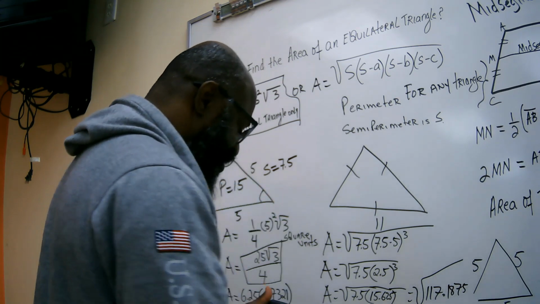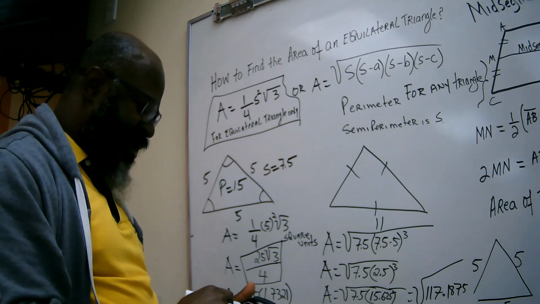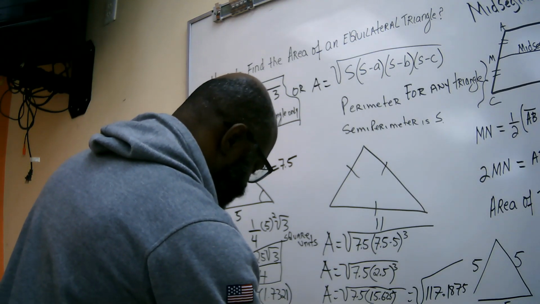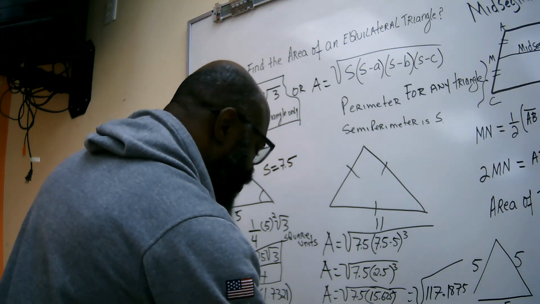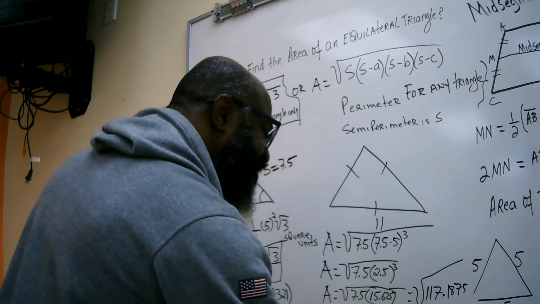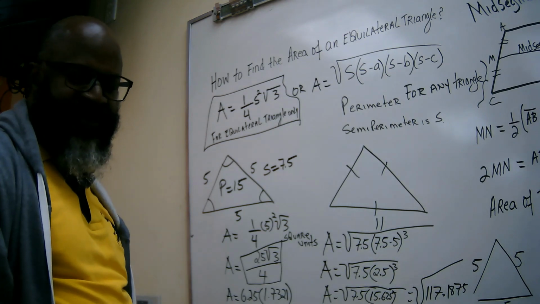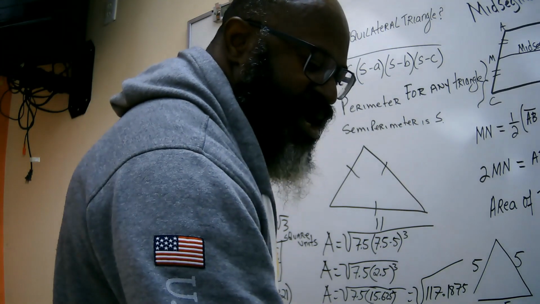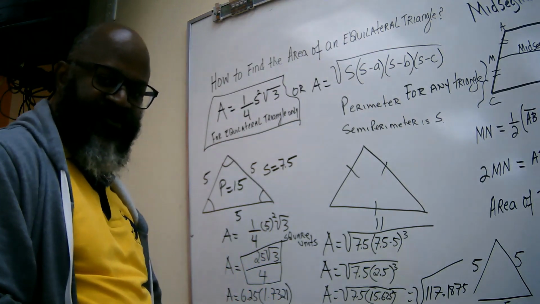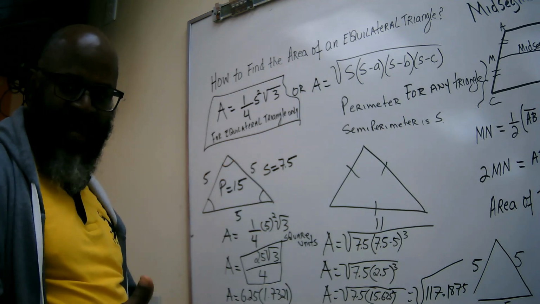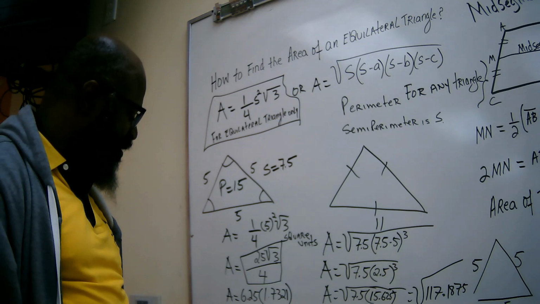Then when you take the square root of that, you will see it gives you the same answer. So both formulas will work. I prefer to use the equilateral formula because it's straightforward. You just replace it, then you just evaluate to get the answer.